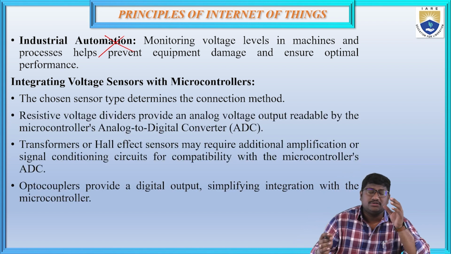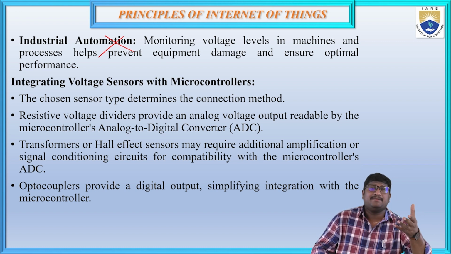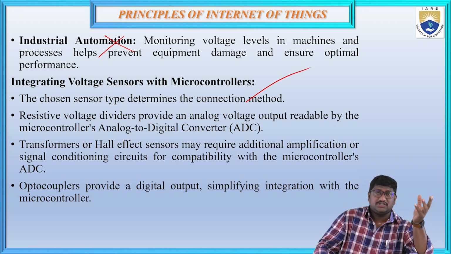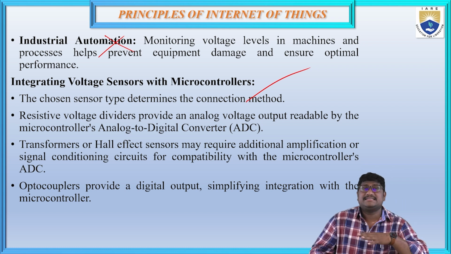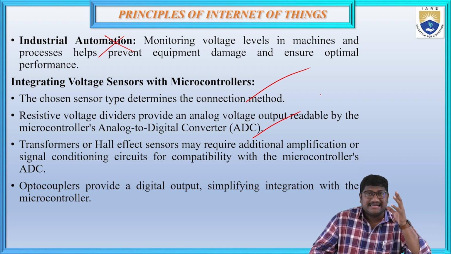First, we need to choose what exactly the sensor type is, which determines the connection method, whether the voltage sensor is a resistive voltage divider which interfaces the analog voltage to the analog to digital converter of the microcontroller.